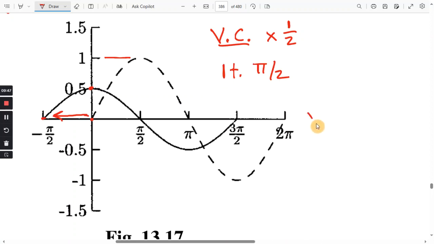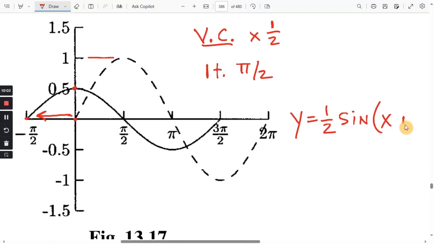All right, so start with the original, y equals sine of x. The vertical compression is times 1/2, and it goes left by pi over 2, which means you are adding. Remember, it's opposite for left, right. You are adding pi over 2. So it's 1/2 sine of x plus pi over 2.